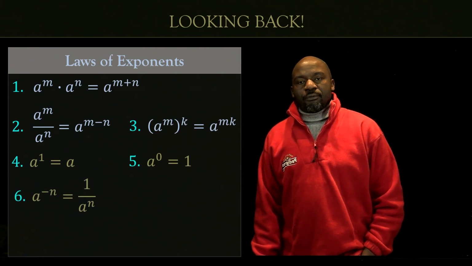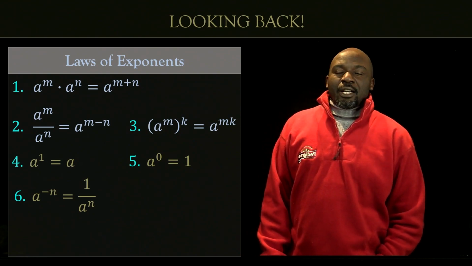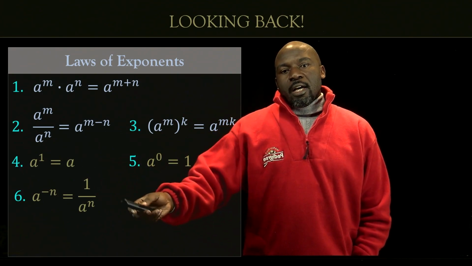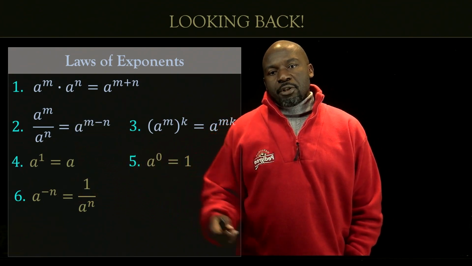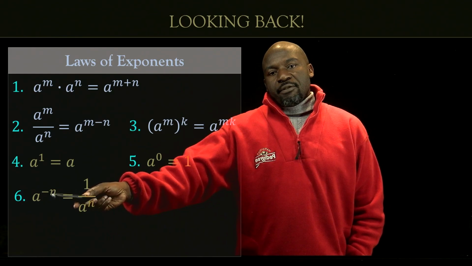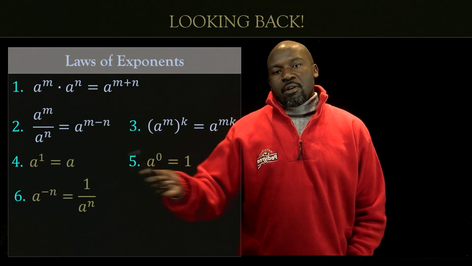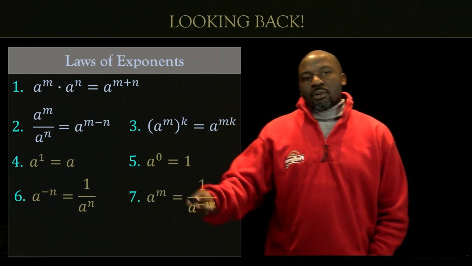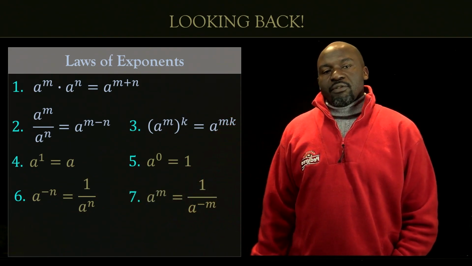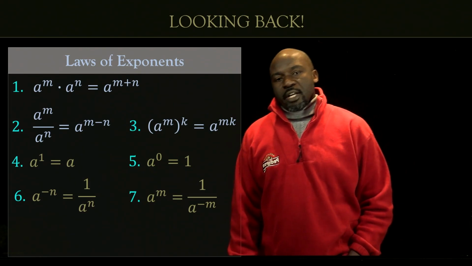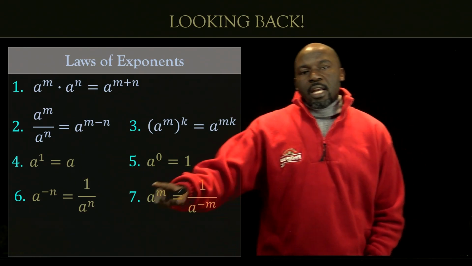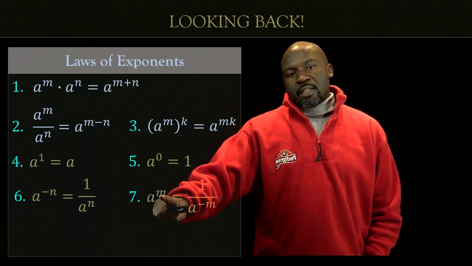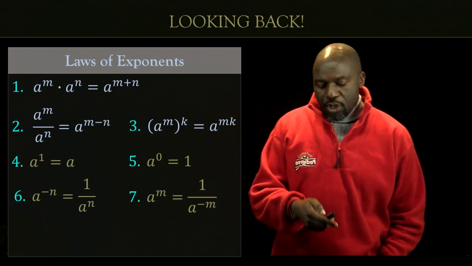Law number 6 from exponents, not exactly a law, but this really emanates from the above laws, primarily law number 2, is that A to the power of negative n is the same as the reciprocal of A power n and vice versa. So A power m is the equivalent of the reciprocal of A to the power of negative m, which is to say that we can move this to the denominator, but if we do so, the sign of the exponent changes.